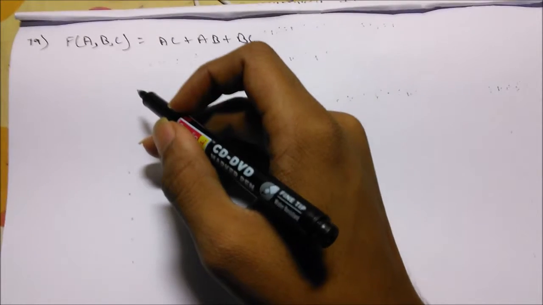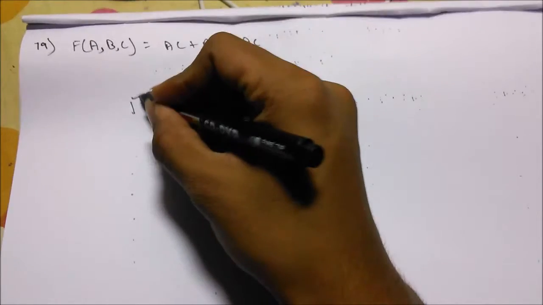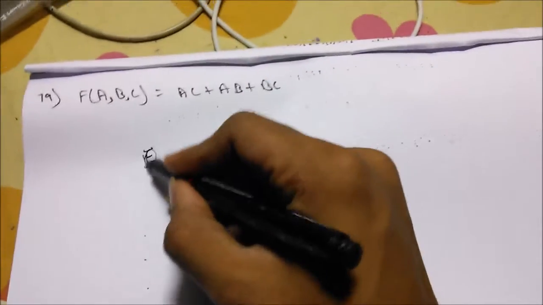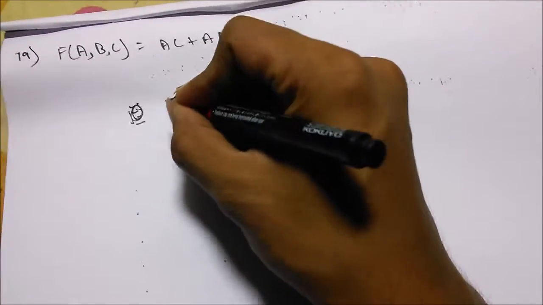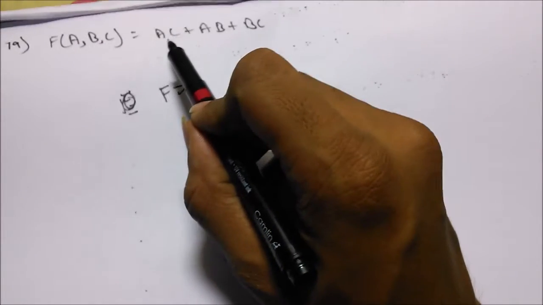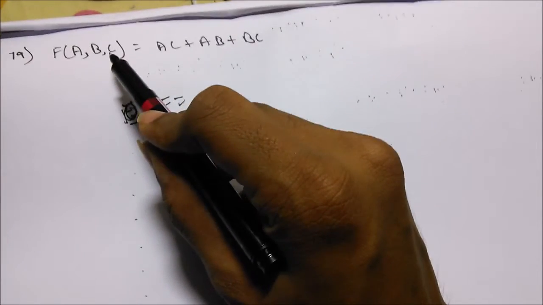Okay, now to solve the 79th question, we must first fill in all the letters that are missing to complete the variables in this.